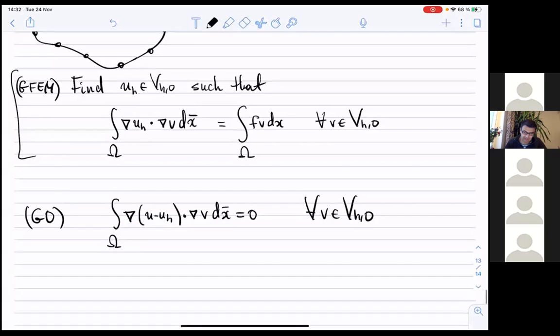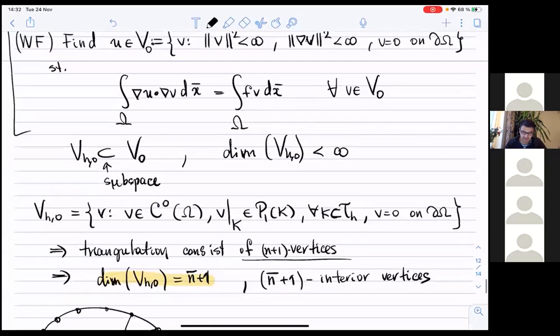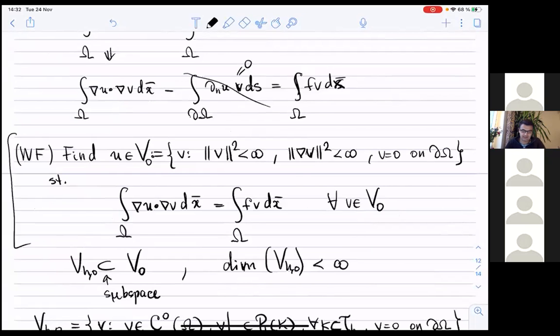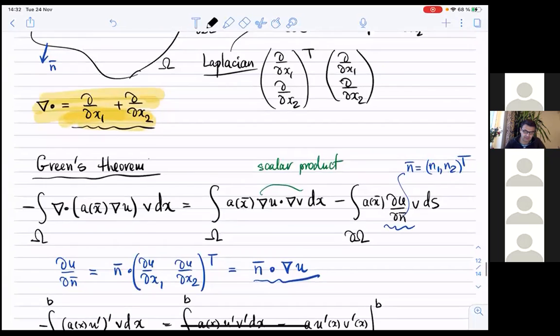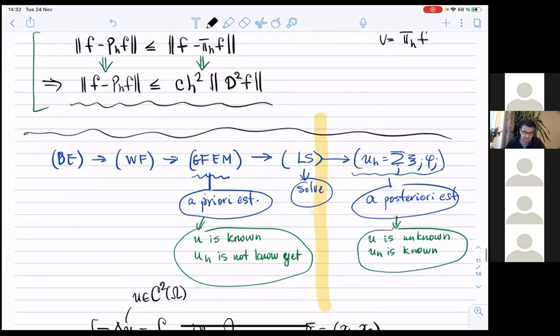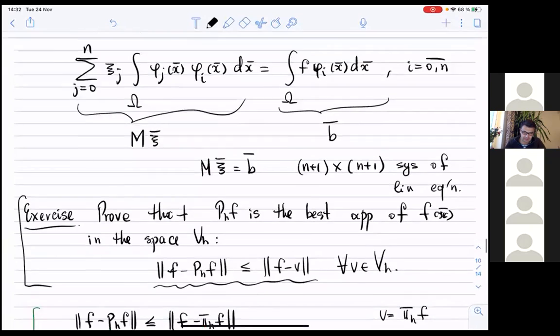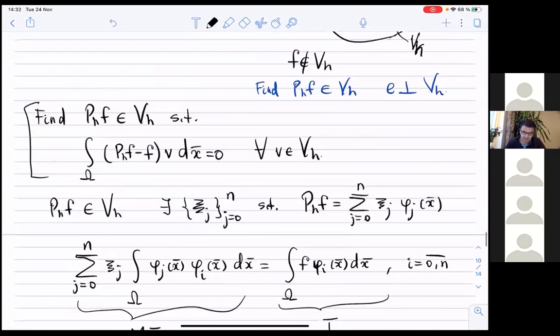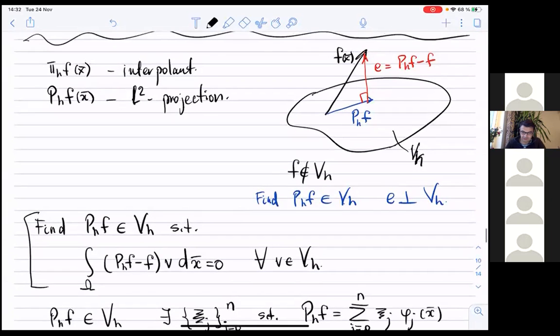There is one thing that I have to mention. Remember, before the break, I said that L2 projection is closely related to the finite element formulation, right? So this is an L2 projection here.